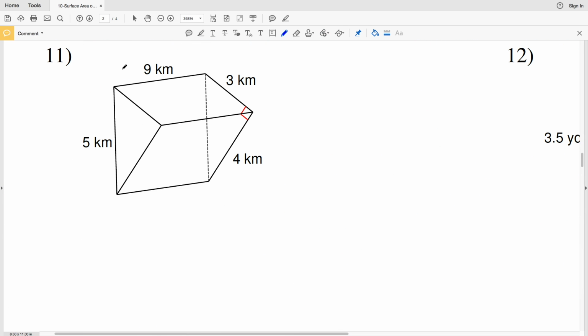In number 11, we can see that we have a height of 9 kilometers, and the legs of this right triangle are 3 and 4, and the hypotenuse is 5. So for lateral area, we're going to add up the side lengths to get the perimeter, which is 3 plus 4 plus 5, and we're going to multiply that by the height of the prism, which is 9.